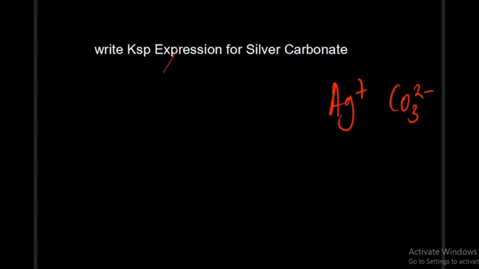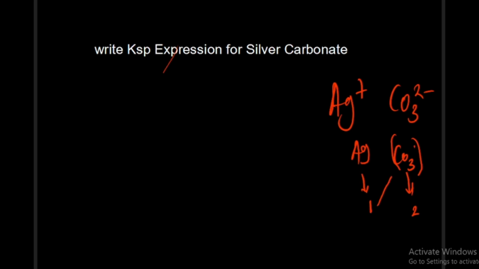If you want to write the chemical formula, you have Ag, which is going to be 1, then CO3. Remember, CO3 will be in brackets because they are polyatomic ions, they act as one.